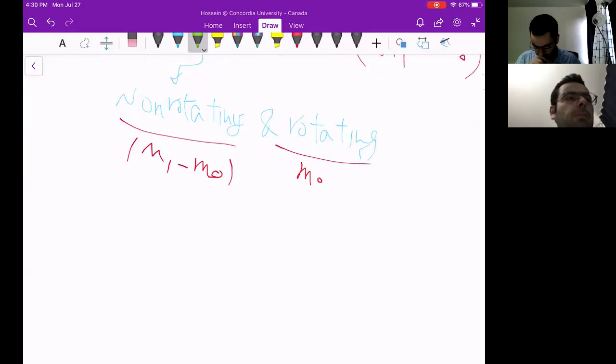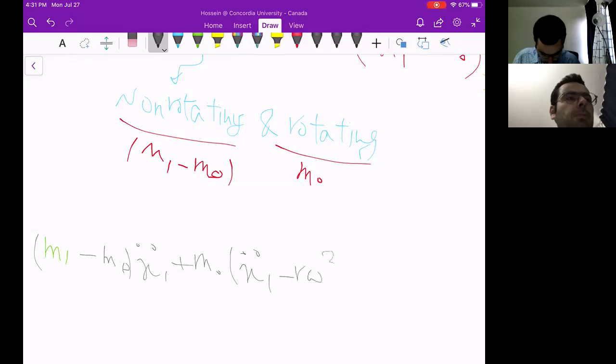So on the left hand side, M1 minus m naught times x double dot 1 plus m naught times x double dot 1 minus r omega squared sine of omega t. This is x double dot naught.